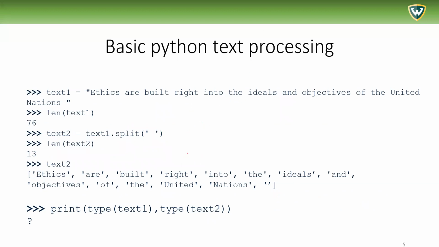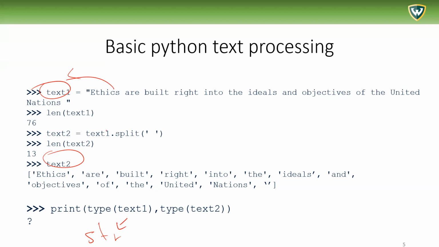So what are the two different data types is a question for you. This is the same code as before. We have the text1 variable and we have text2 variable. If we print the data types of these two, what are each? Pause the video and think about it. Well, as you can probably easily tell, this is going to be string data type for text1, as we just put the string in here.